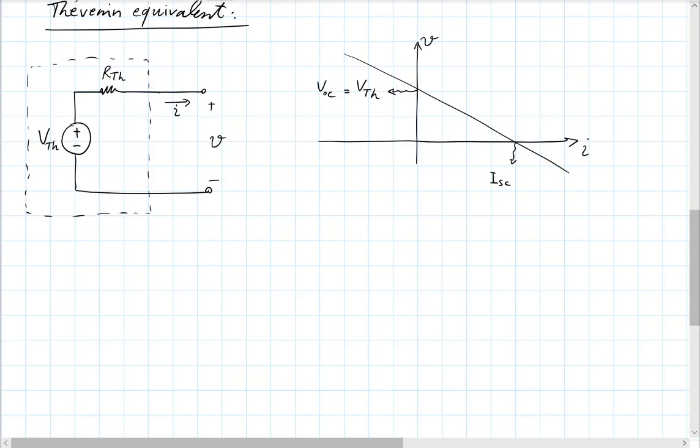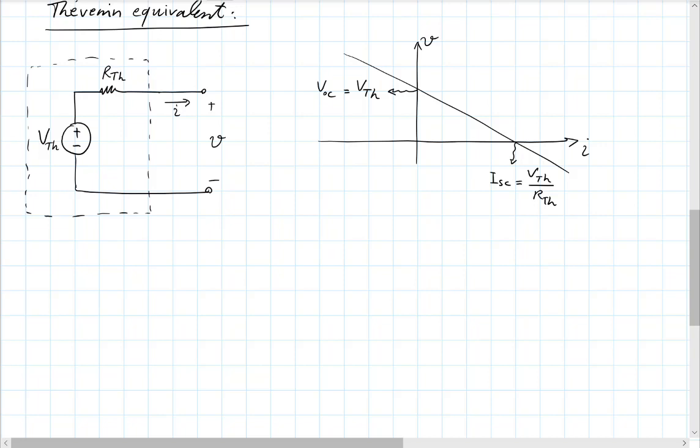If you have an open circuit, namely if you don't connect this to anything other than a voltmeter, you will just measure the Thévenin voltage. And if you look at what current would make the voltage 0, namely if you had a short circuit here, what the current would be, you would see immediately that it would be V Thévenin divided by R Thévenin. So these two parameters, V Thévenin and R Thévenin, obviously entirely define this.